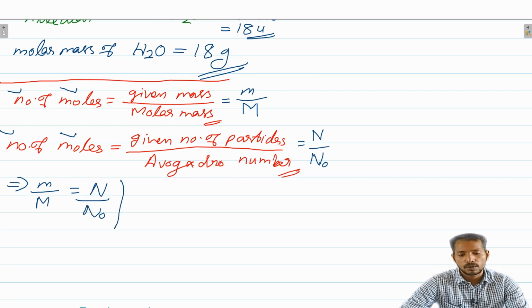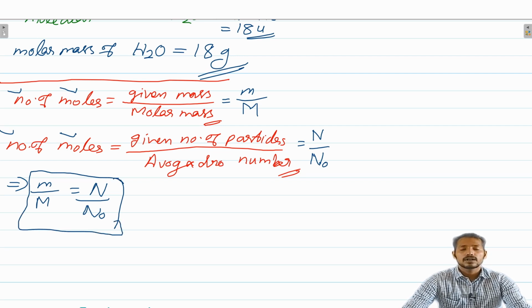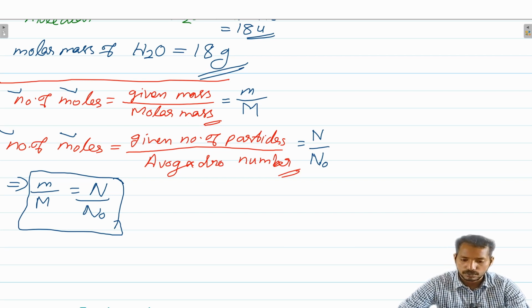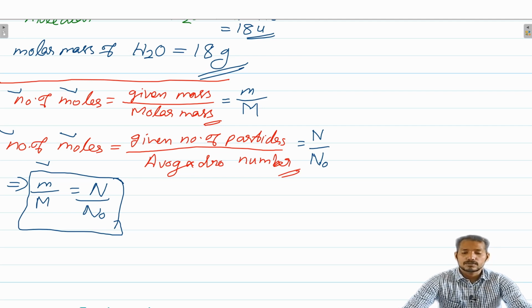It is very important to remember this formula if the question involves both the number of particles as well as mass. Clear? So, small letter m divided by capital M is equal to capital N divided by N0, where small m is the given mass, capital M is the molar mass, capital N is the given number of particles, and N0 is the Avogadro number.